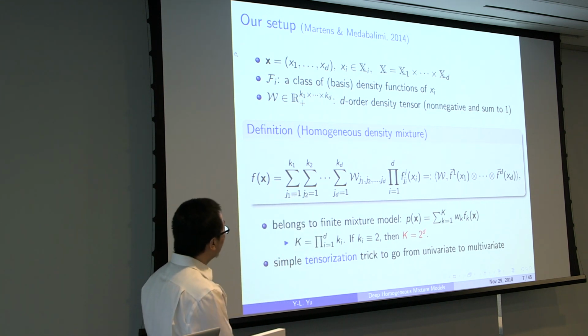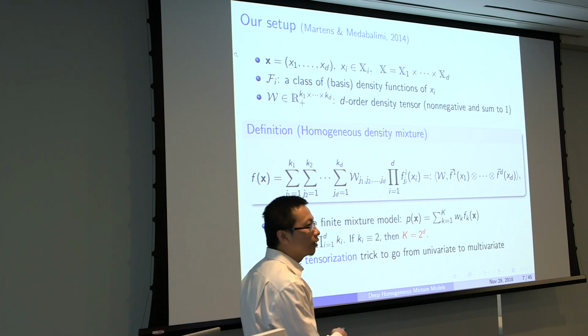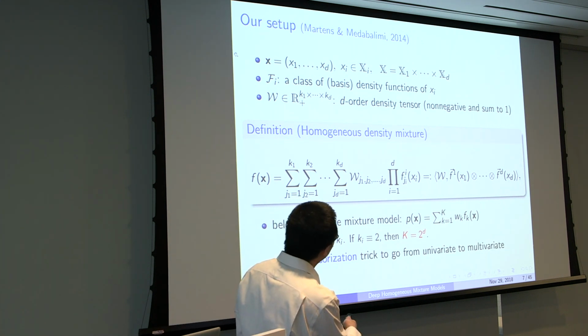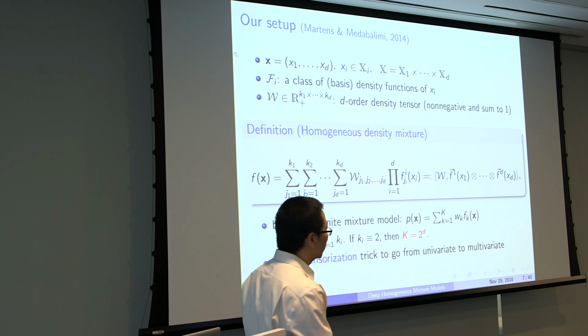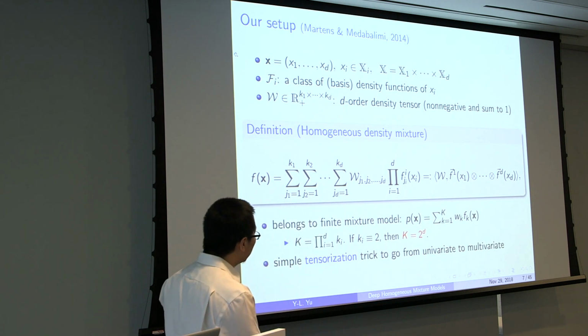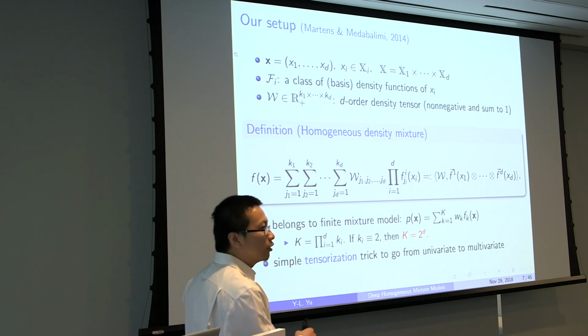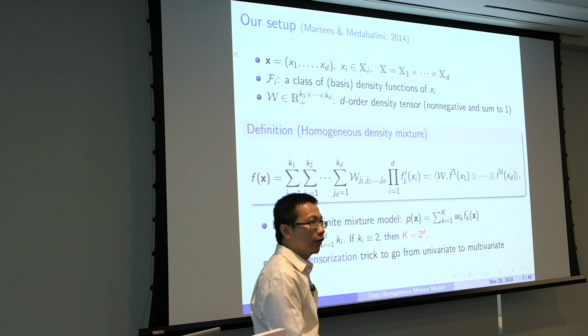And it's very clear from the definition that this homogeneous density mixture is a finite mixture model, because you can think of this as an Fk, and then you have many Fks. So this form is exactly that case. In particular, if you set these indices to be a constant 2, then basically we are summing 2 to the power d density functions here.